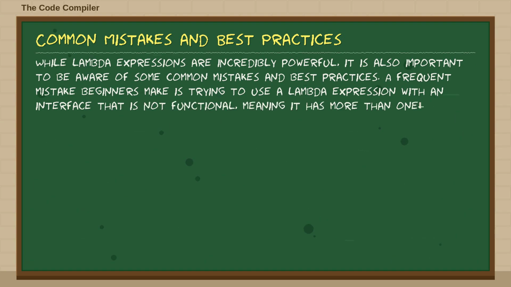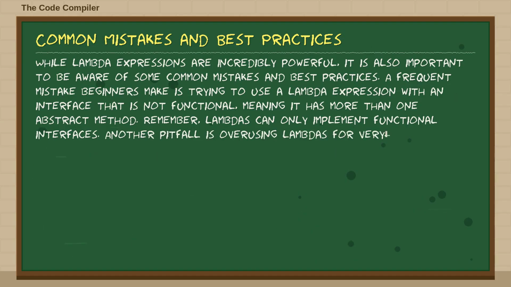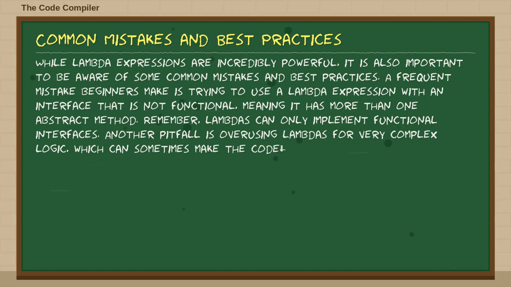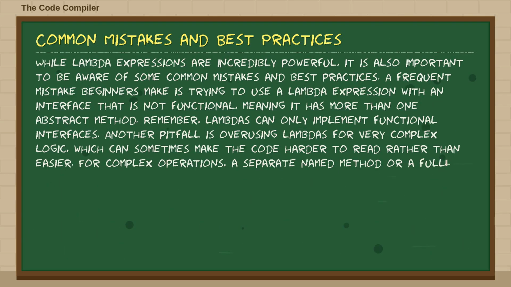Remember, lambdas can only implement functional interfaces. Another pitfall is overusing lambdas for very complex logic, which can sometimes make the code harder to read rather than easier. For complex operations, a separate named method or a full class might still be more appropriate.